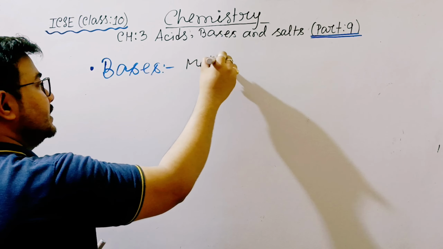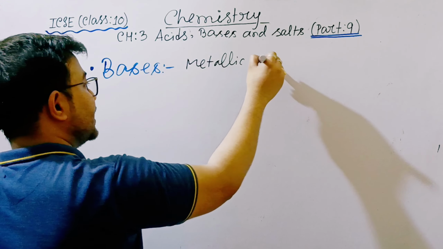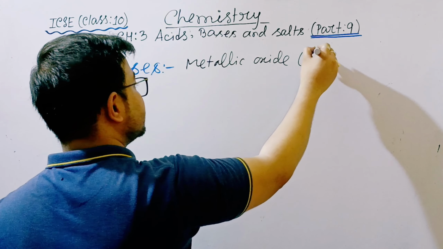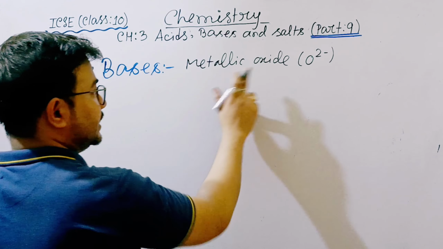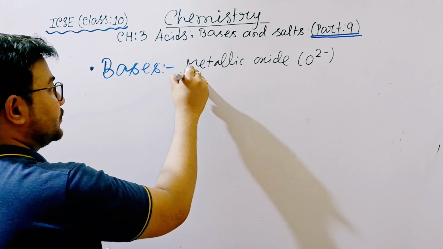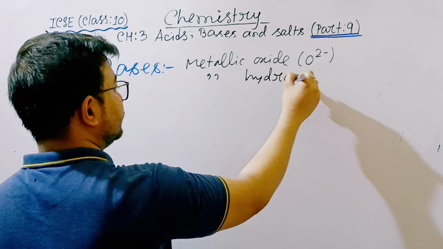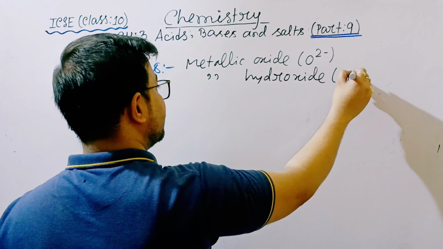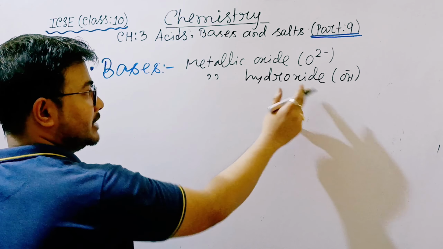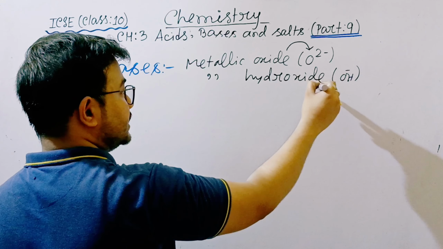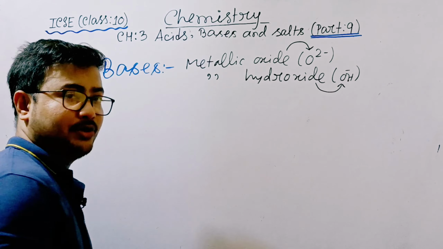First, metallic oxide. Metallic oxide means O2 minus, that is, it is the formula of oxide, or metallic hydroxide. Hydroxide means OH minus. Obviously metal is there, but it is the formula of hydroxide.